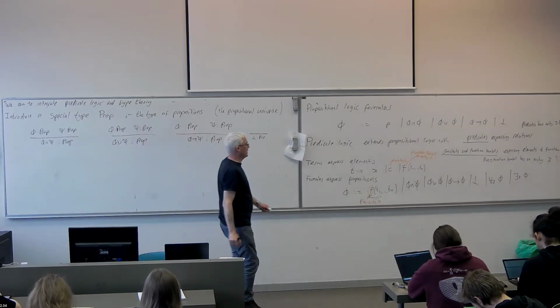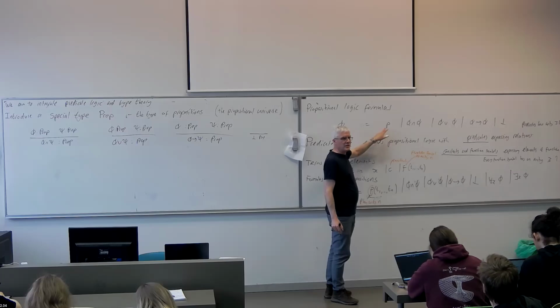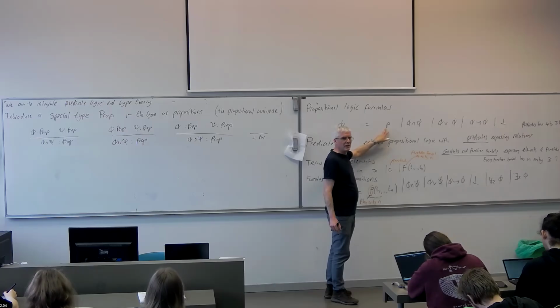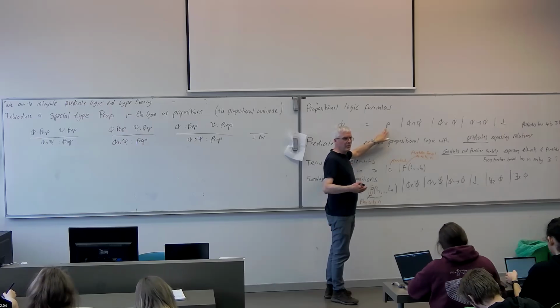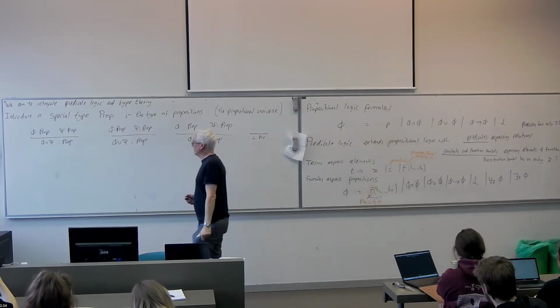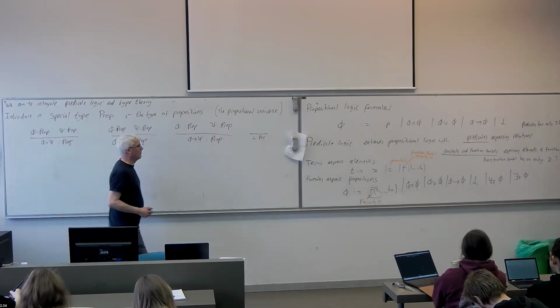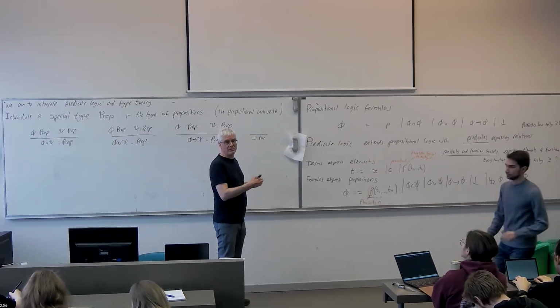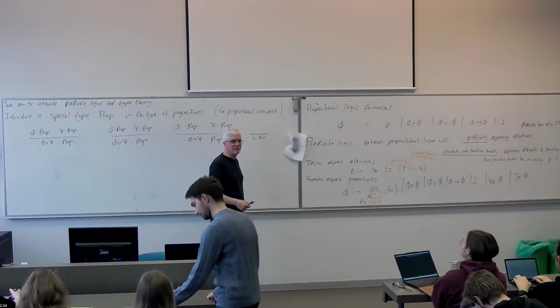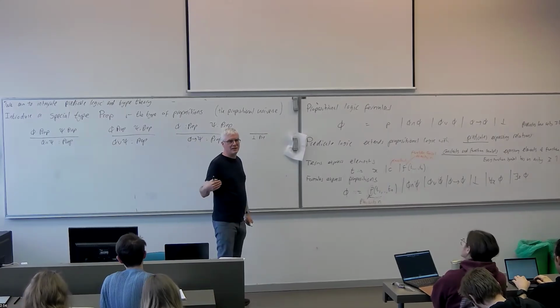Something is missing, namely the propositional variables. But we don't need a special rule for propositional variables, because variables can always be introduced as assumptions. So, for example, we had the simple example last week of phi and psi implies psi and phi.